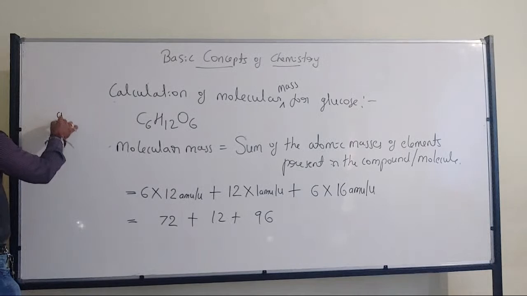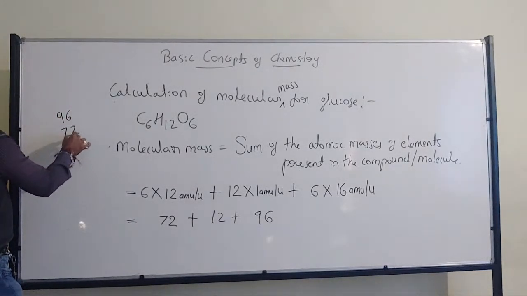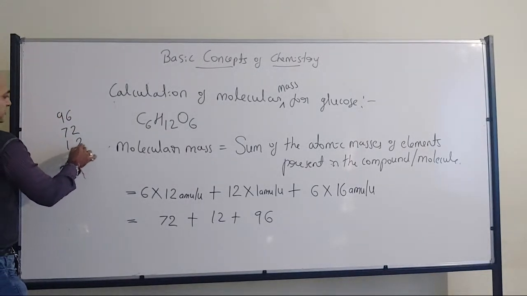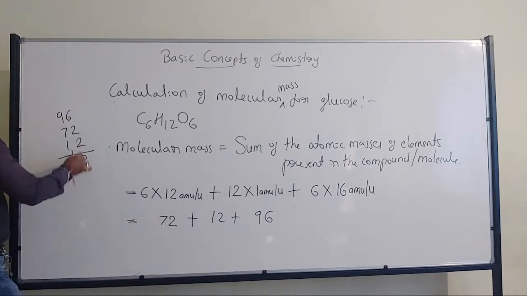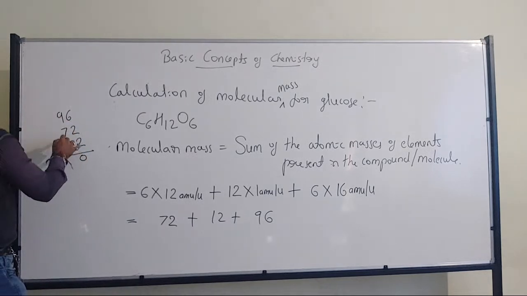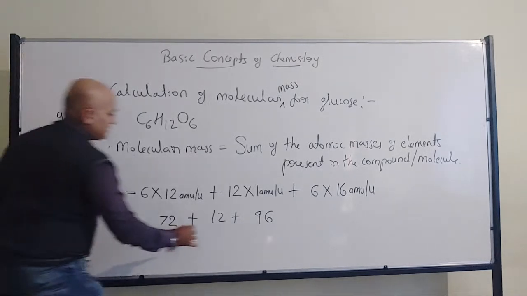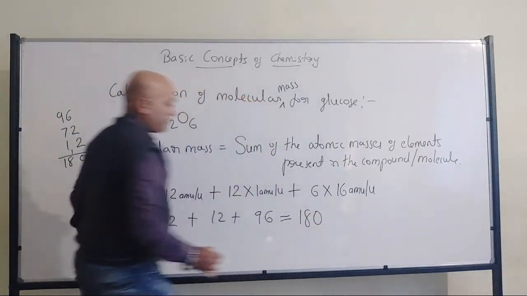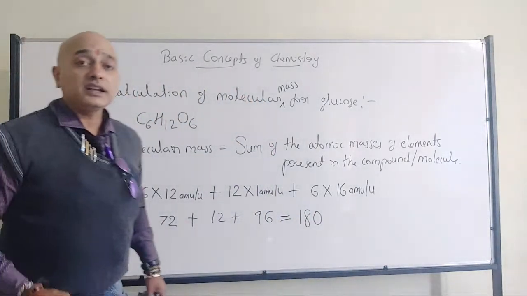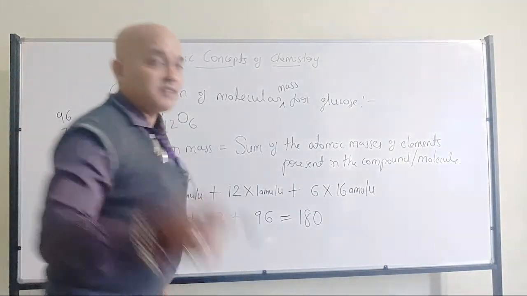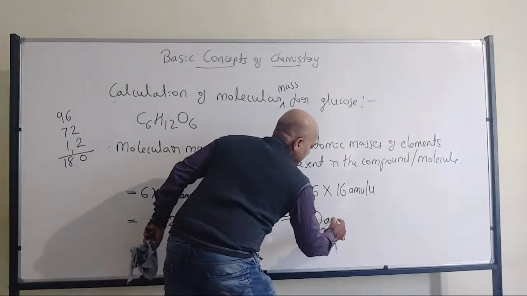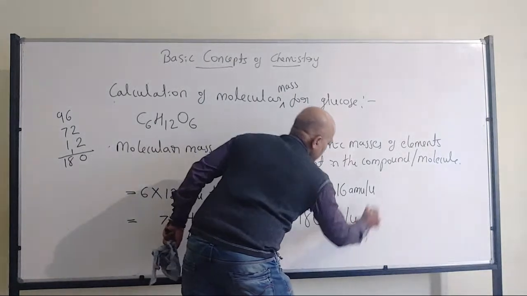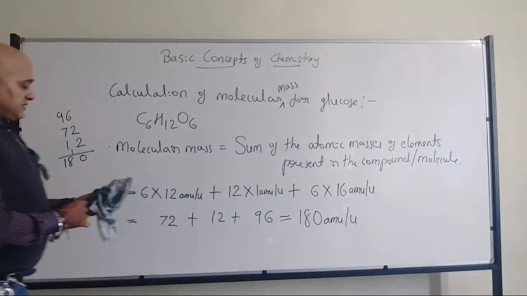So that means 96, 72 and 12. So 6 and 4 are 10, 6 2 plus 2, it is 10. So 180. So that means atomic mass of glucose or molecular mass of glucose is, very good, 180 atomic mass unit or unified mass.